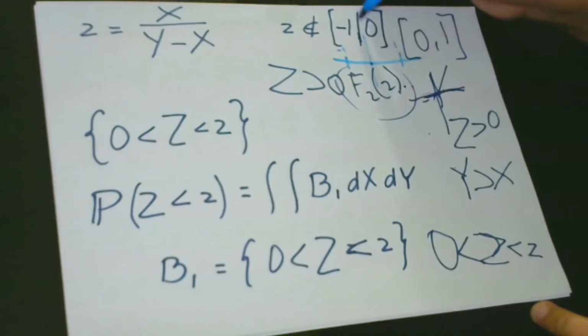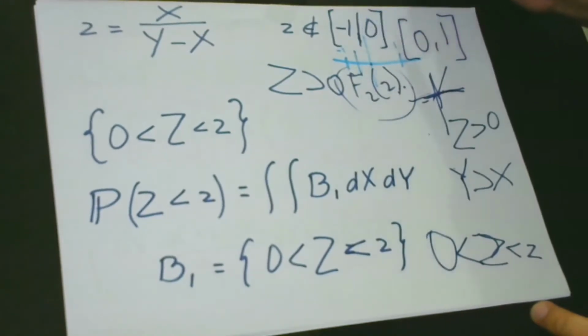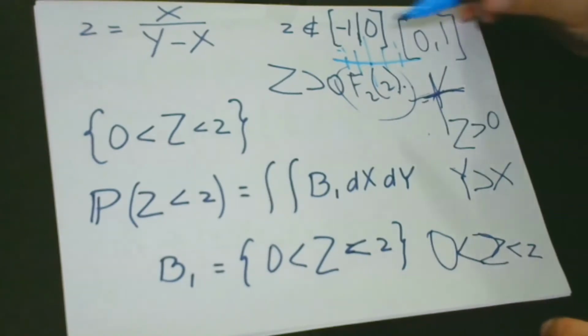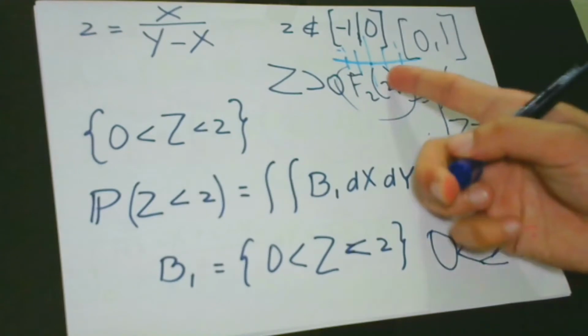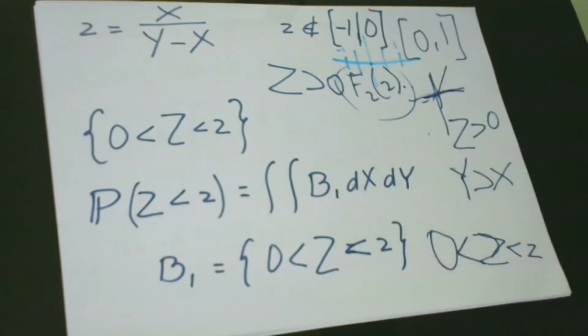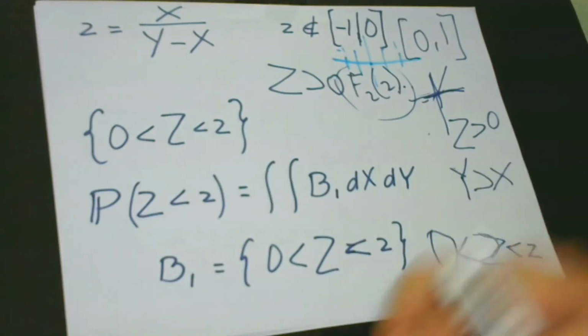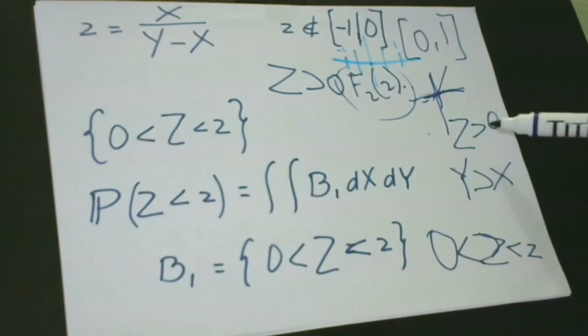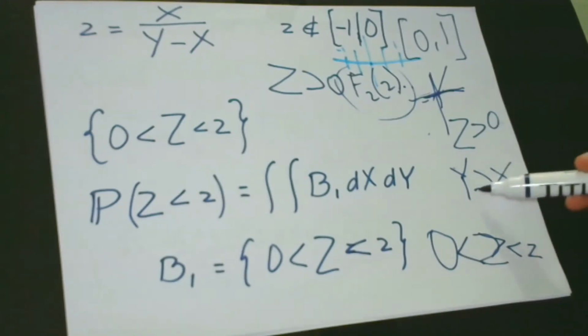So z is somewhere here, if that's positive. But what we are considering is that it is actually lower than 0. We're going to have that one later as we move on, but always remember that z is greater than 0, and because z is greater than 0, therefore y is greater than x.